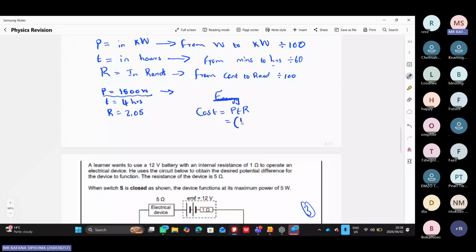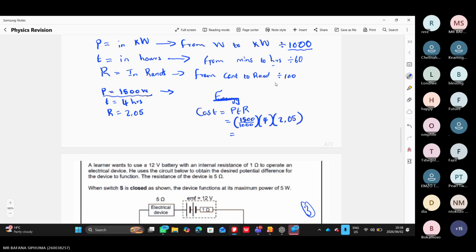So I'm going to say 1,500. How do we convert it? We divide by 1,000, not 100. And then what about your time? It's 4 hours. And then what about your money? 2.05 rands.